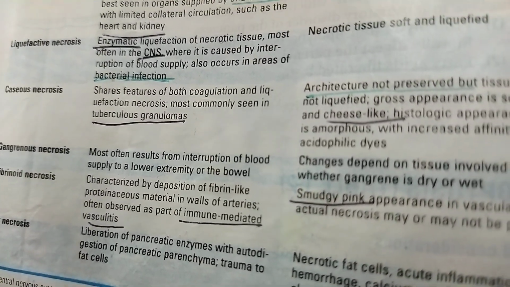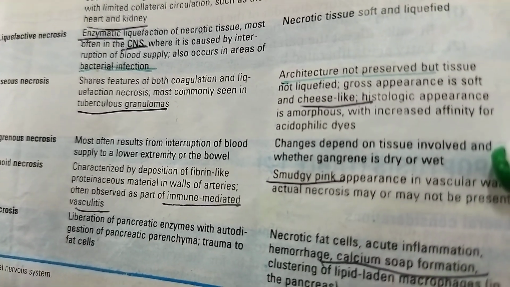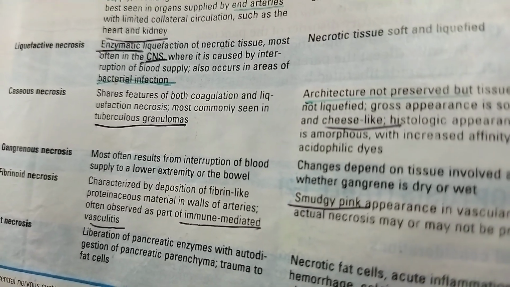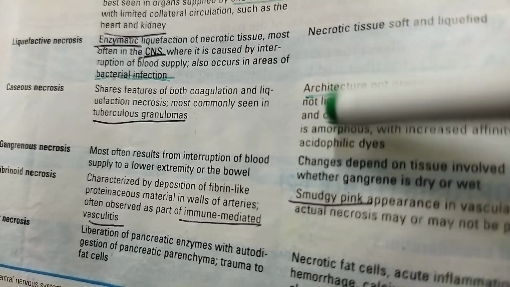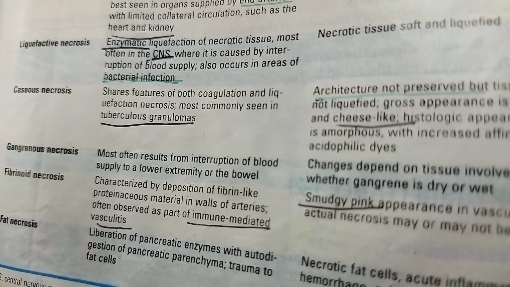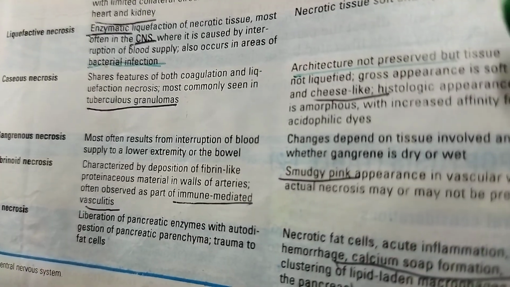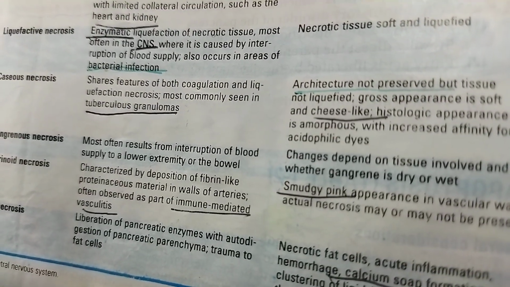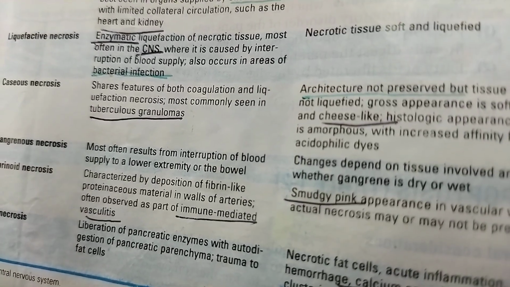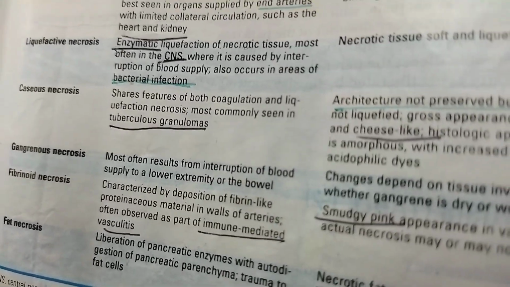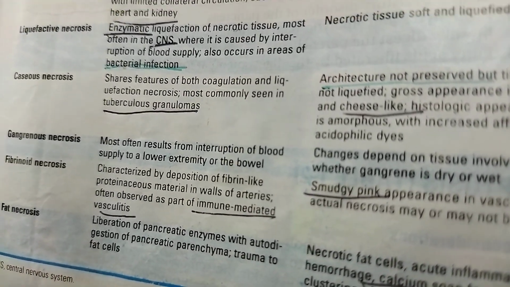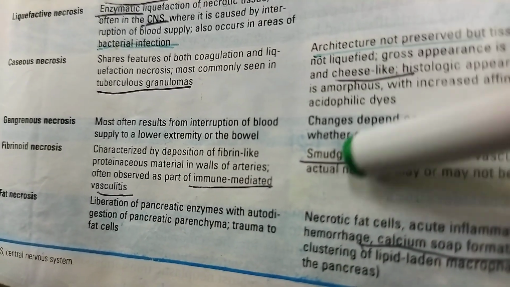Changes depend upon the tissue involved, and whether the gangrene is dry or wet. These are the types of gangrenous necrosis. The gangrene may be dry or wet. When we do an MCQ book or some other book, then we will see the things in detail. Basically, these are the MCQs for us.